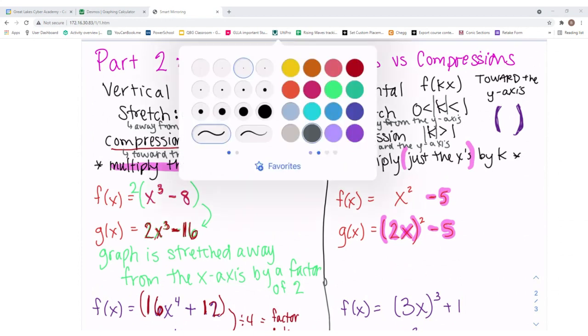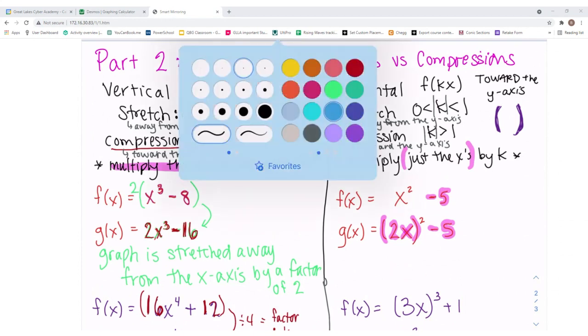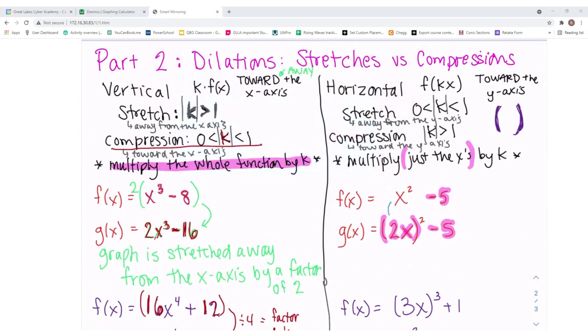I'm going to put x, multiply x by 2. That's going to be a compression. Graph is compressed toward the y-axis, excuse me, y-axis by, and you're ready for this, 1/2.